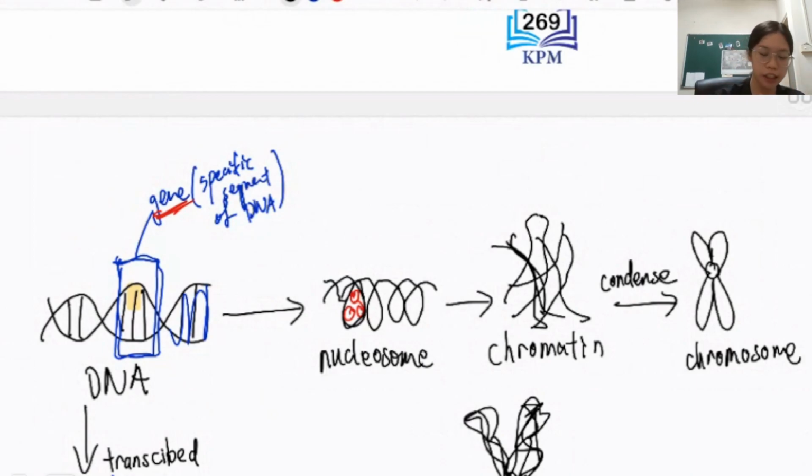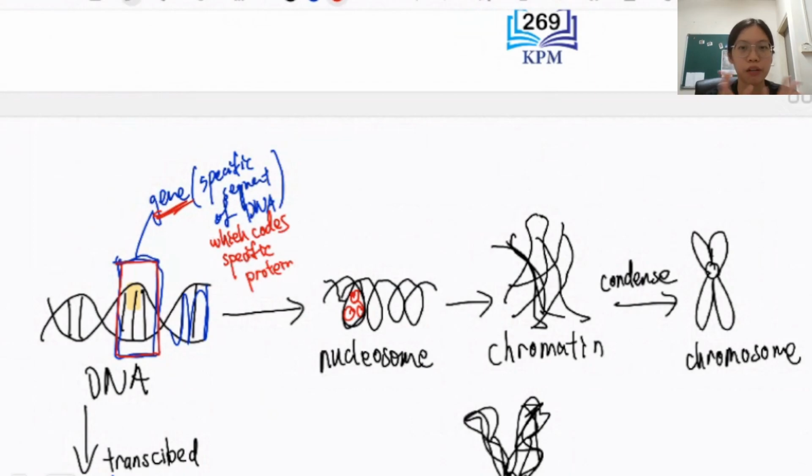Gene mutation is whereby it happens in a specific segment of the DNA which codes for a specific protein. And then this DNA will further wrap around the histone protein and form a nucleosome, and then it further coils up and forms a chromatin, which we learned before in the prophase.